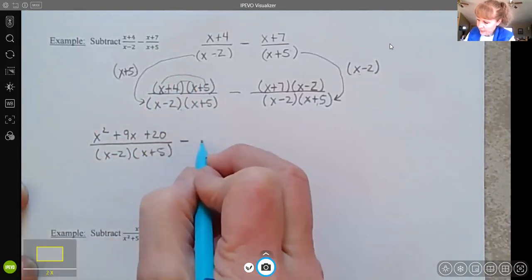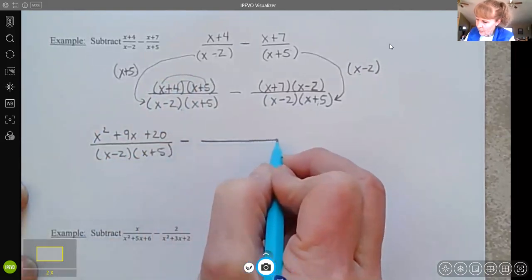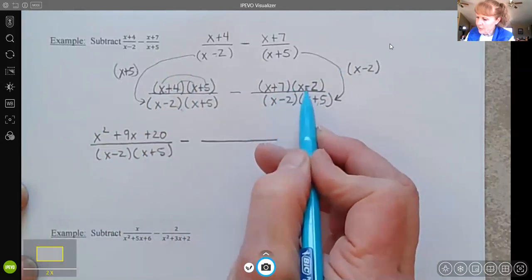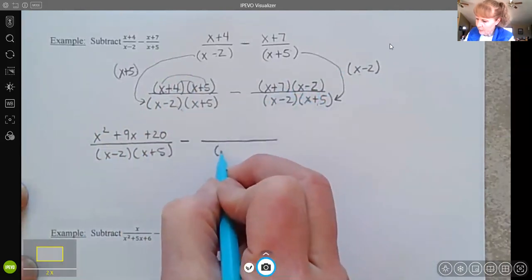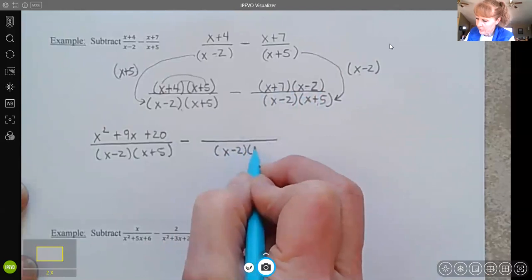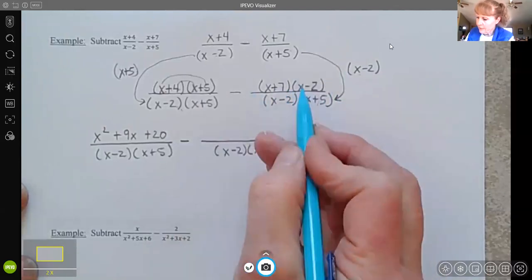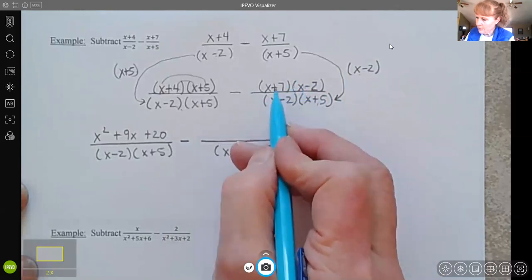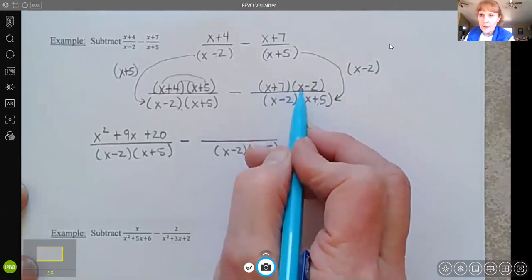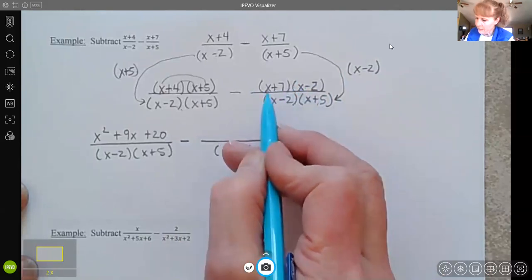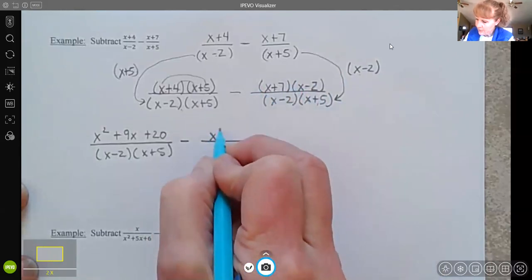Minus, and then we're going to multiply these two together as well. And again, we have the same denominator, so I'm ignoring that subtraction. I'll just go ahead and multiply these together using the FOIL method, the first times the first.